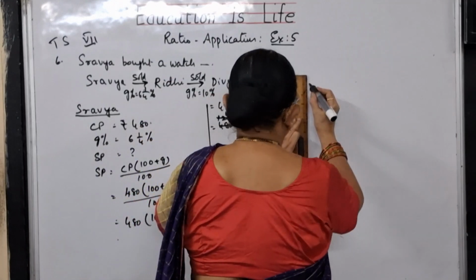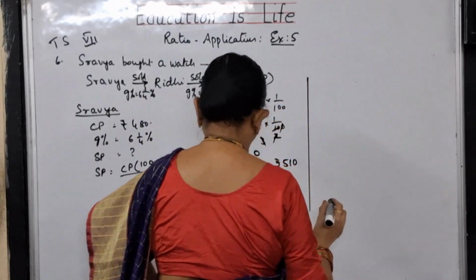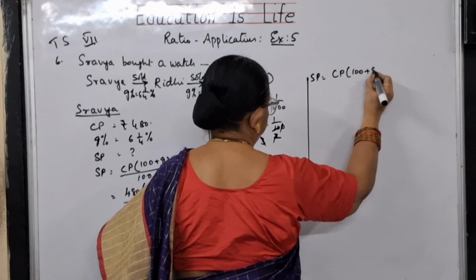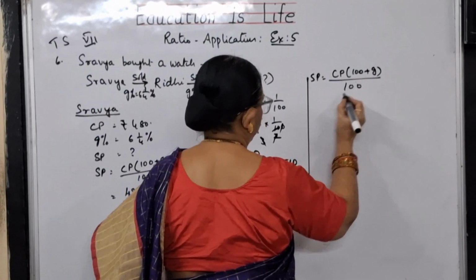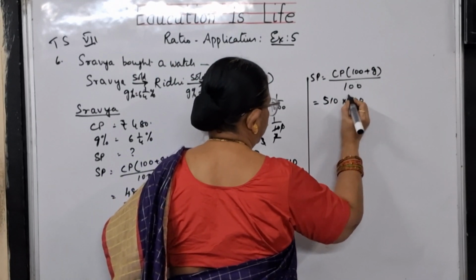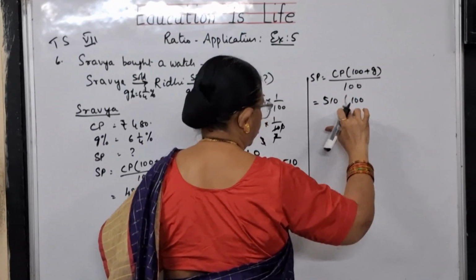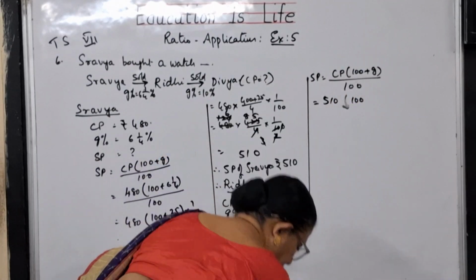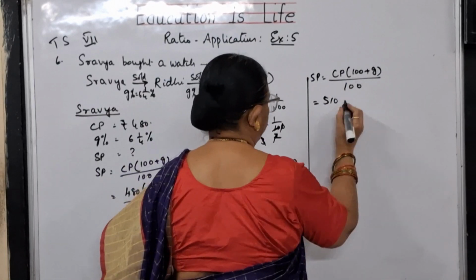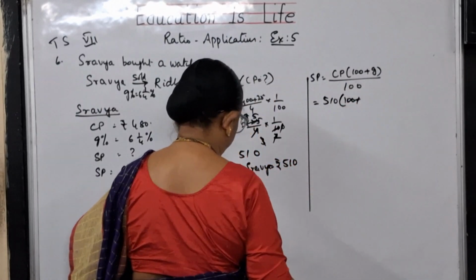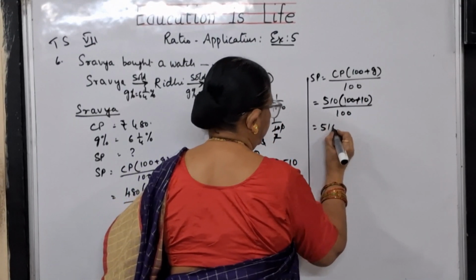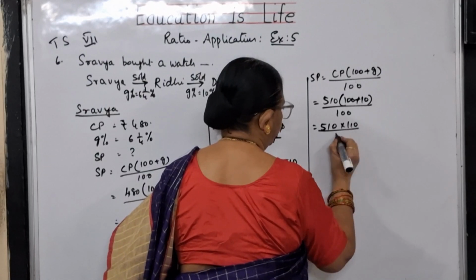Selling price is equal to cost price into 100 plus gain by 100. So here the cost price is 510 into 100 plus 10 by 100, so 510 into 110 by 100.